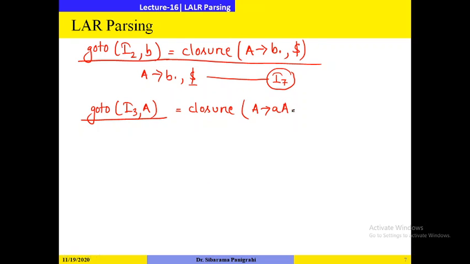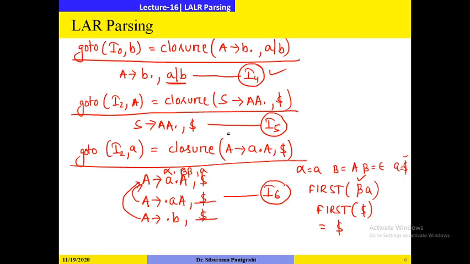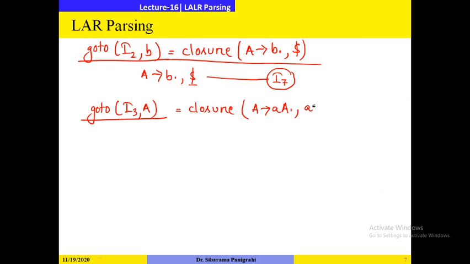A gives to AA dot comma, what do you have? Dollar, A or B. Yes, so here you will get A or B. So here what you will get: A gives to AA dot comma A or B. Now you see as dot appears at the end, we will not derive any other production.